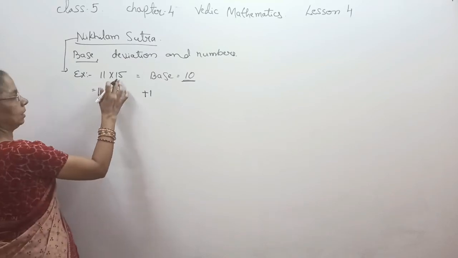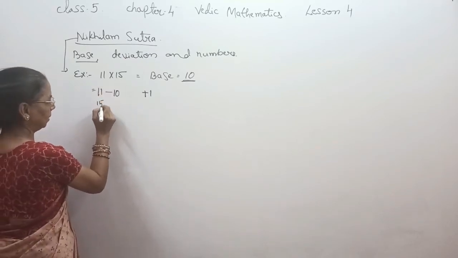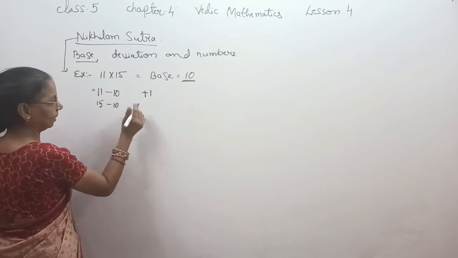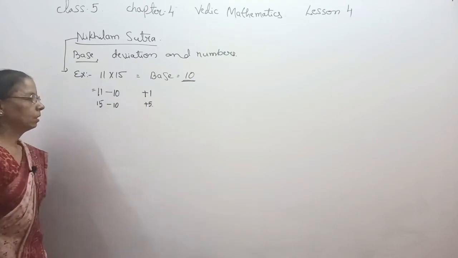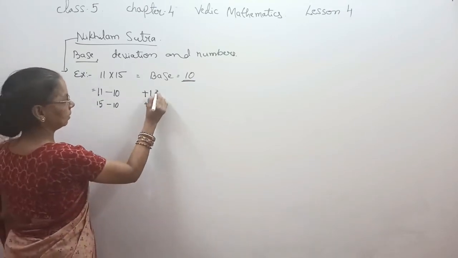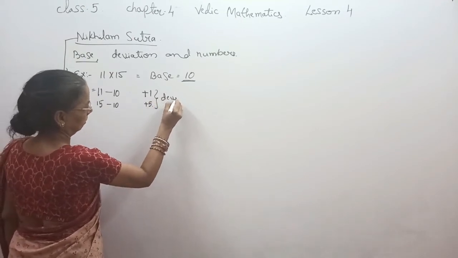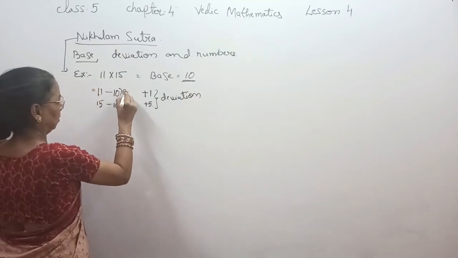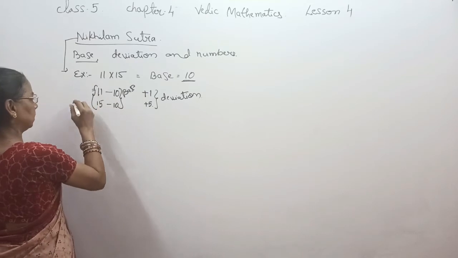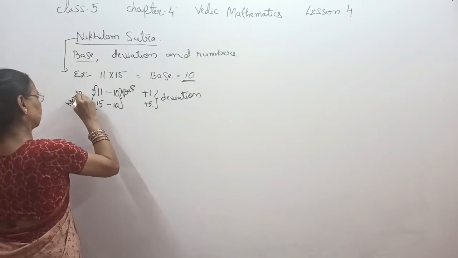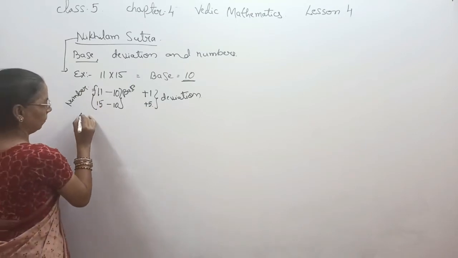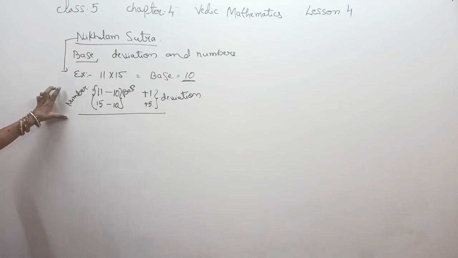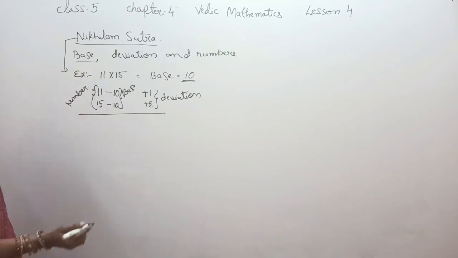Now the second one, that is 15, minus the base again, 15 minus 10 we get 5. Understood? Now these are the deviations, this is the base and this one is the number. Now we have to solve this question like this.